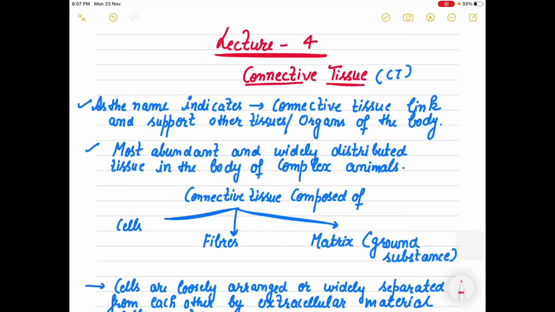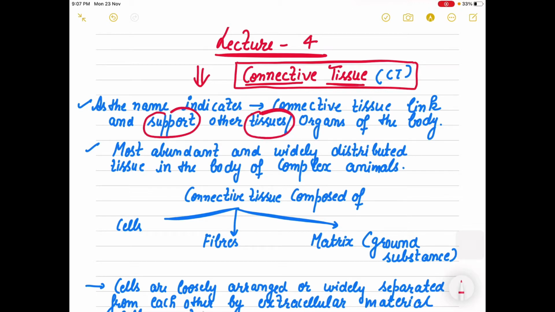Let's talk about another important tissue of our chapter, and that is connective tissue, right? Connective tissue, just look at its name. As the name indicates, it is a widely distributed tissue, and it is a link, it supports other tissues as well as the organs.